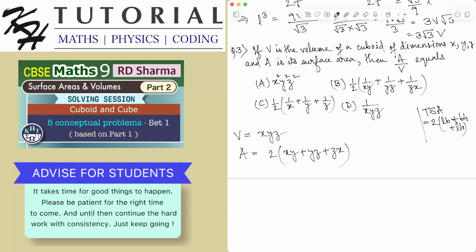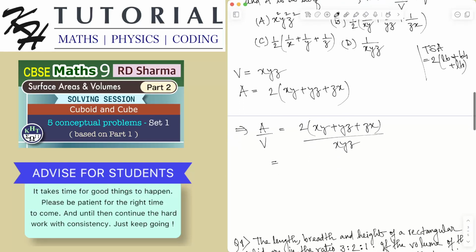Okay. Now the question has asked what will be the value of A by V. So A by V then becomes 2 into xy plus yz plus zx divided by xyz.